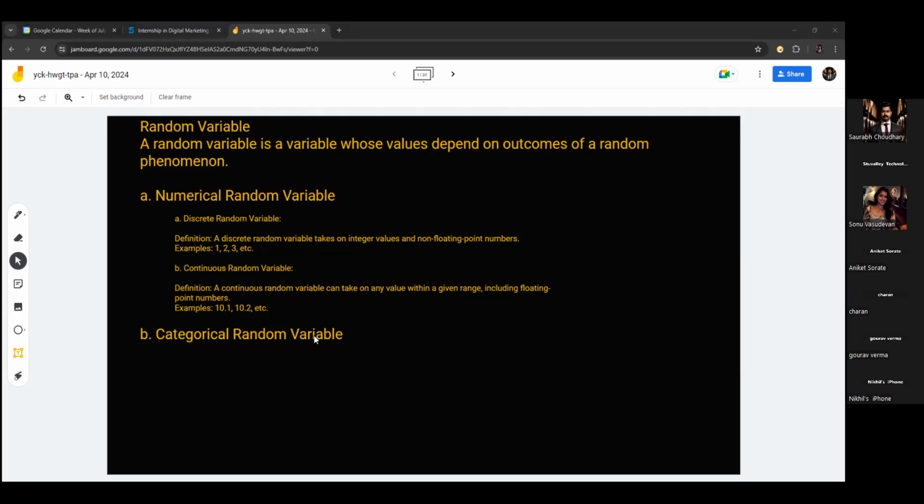How many parts do we have in the categorical?